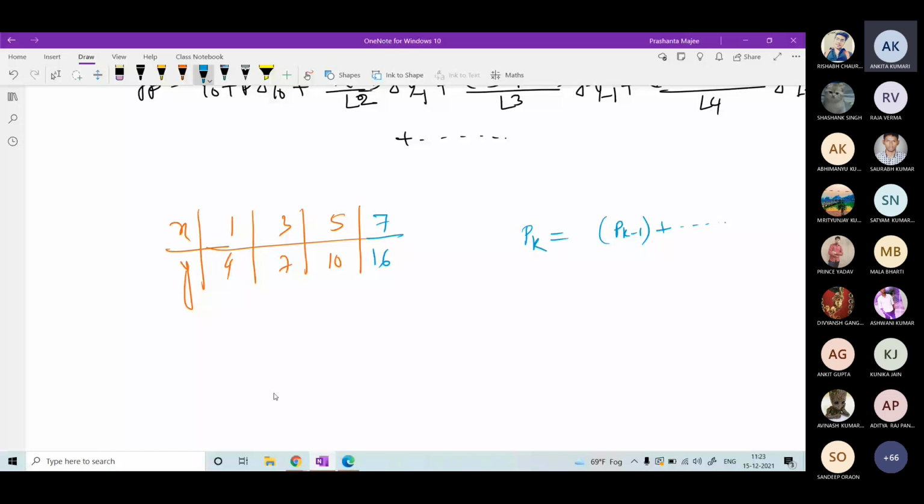You see, Newton's forward difference formula, Newton's backward difference formula. If you add one more data point at the end, such that the data remains evenly spaced, then only one term at the end in the forward difference formula has to be added. So those formulas, they are recursive in nature.